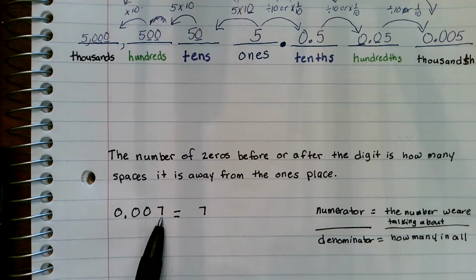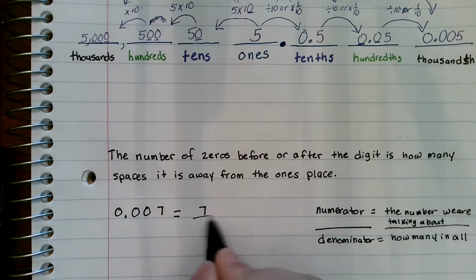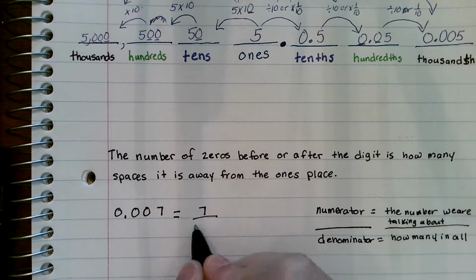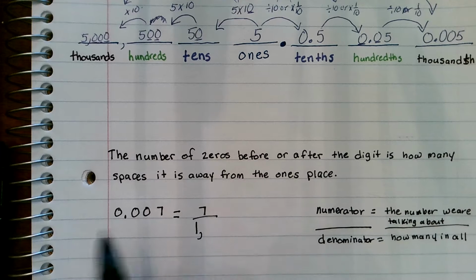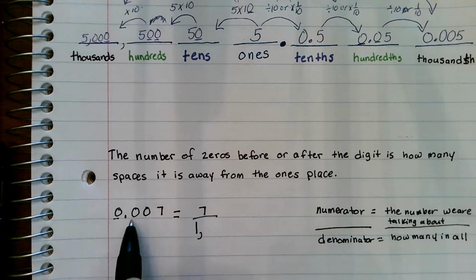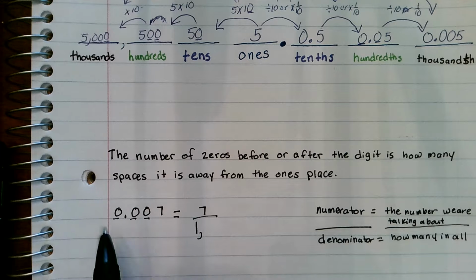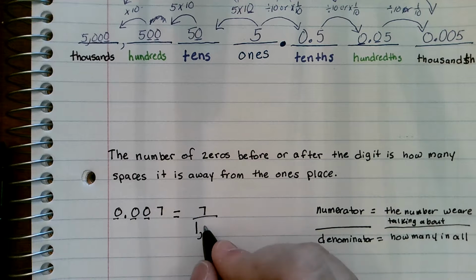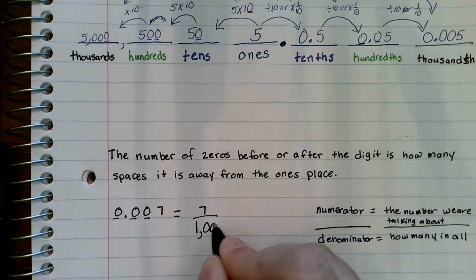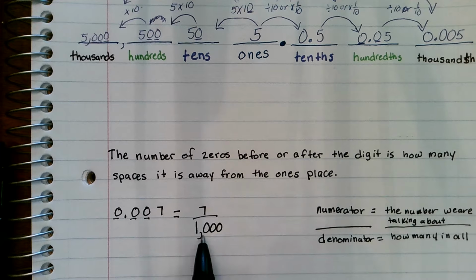So we are talking about 7 out of, so we know we're always going to have a 1 in the beginning, out of ones, tenths, hundredths, thousandths. 1, 2, 3 zeros, because it's the thousandths place.